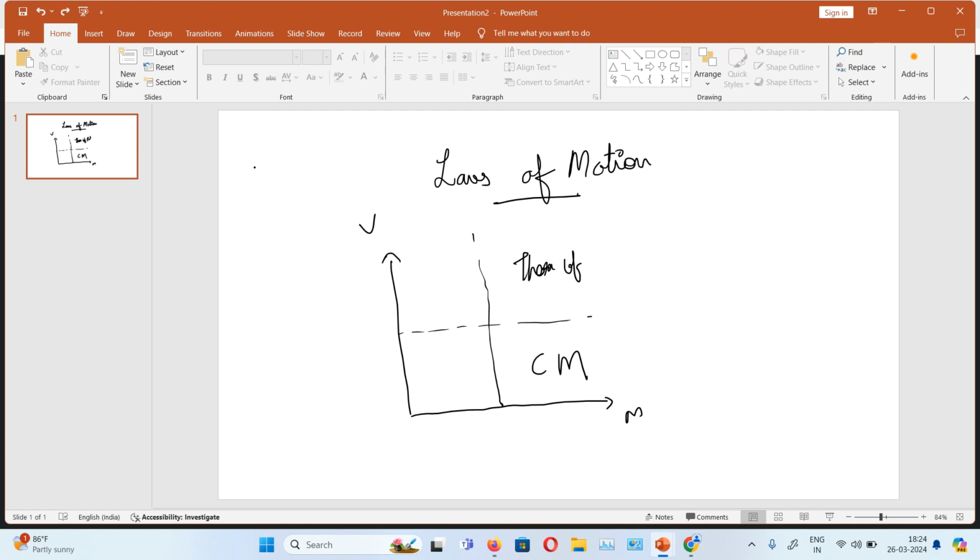So it will be relativistic mechanics. If the particle size is not very small, but the particle's velocity is very high, we have to deal with relativistic mechanics.